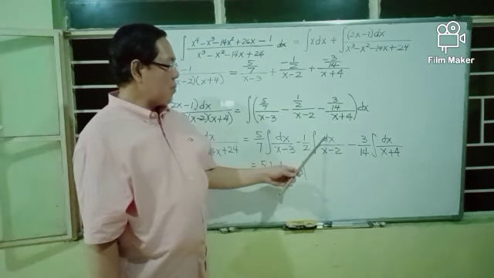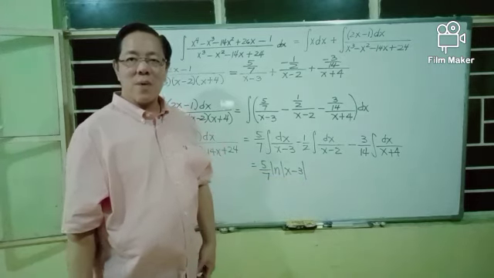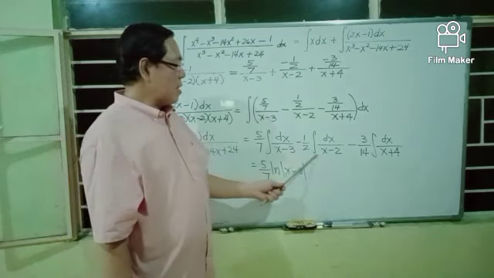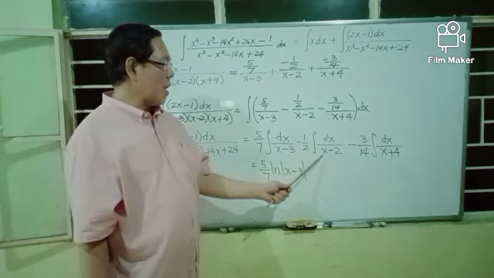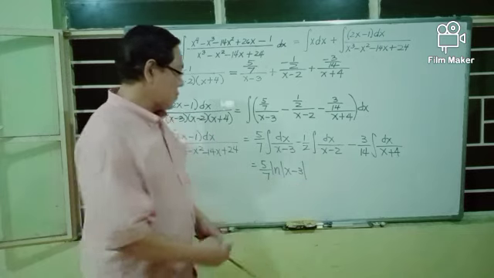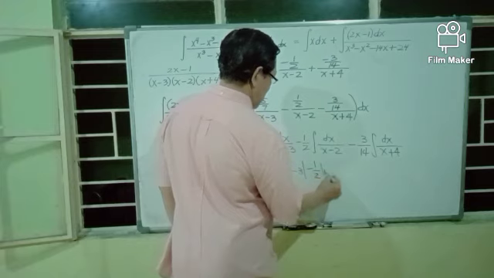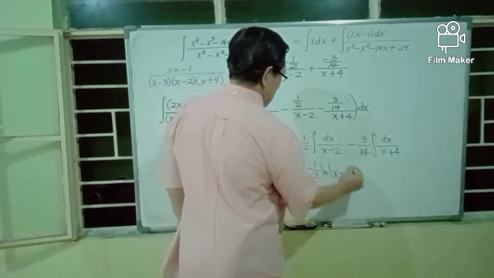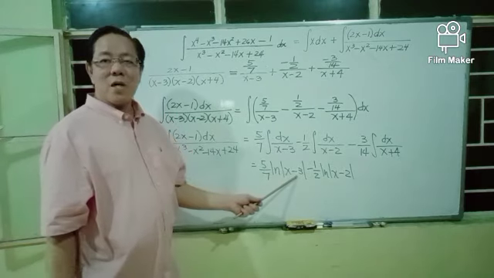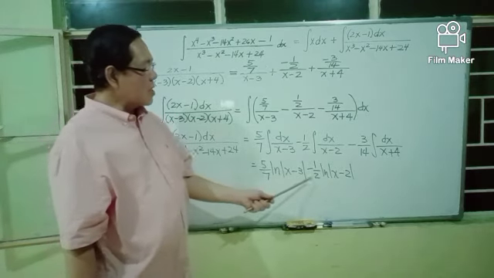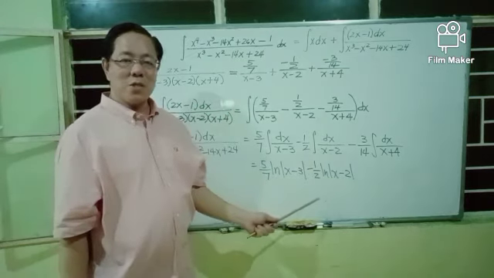So the integral of dx over x minus 2 is ln of x minus 2. And the integral of the second term is negative 1/2 or minus 1/2 times ln of x minus 2. And because this is linear, to make sure that x minus 3 or x minus 2 is positive, we write the absolute value notation.